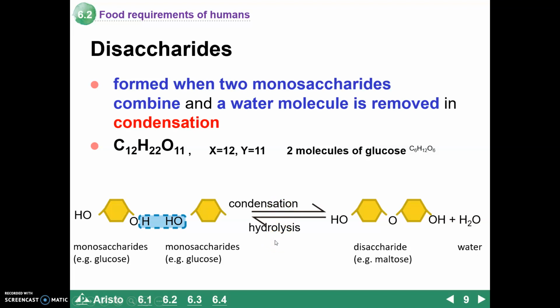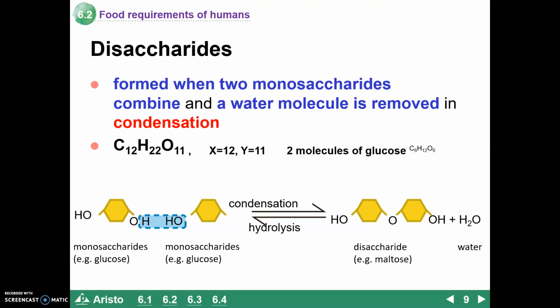And for the chemical formula, you know that the glucose molecule is C6H12O6. For maltose, the double sugar, the chemical formula is C12H22O11, so X equals 12 and Y equals 11.